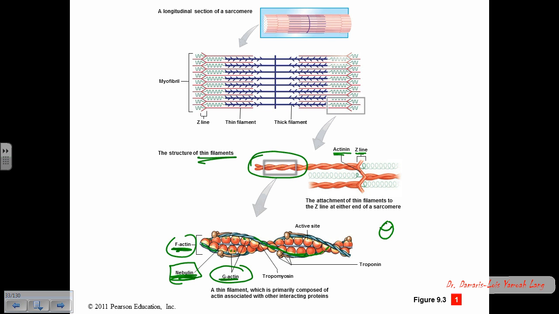The yellow site is the G-actin area, while the other color is the F-actin area, which holds these two groups of strings together. This whole thing is made up of F-actin and G-actin, and what is holding them together is nebulin. Okay, the nebulin. So let me clean this.